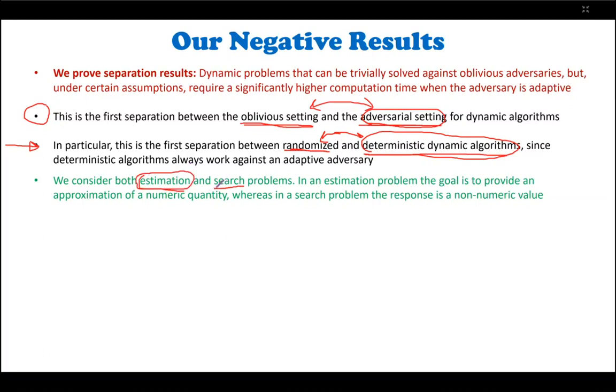But if you want an actual cut, then that's a search problem. And I'll just mention that estimation problems are just a special case of search problems. And so getting negative results for estimation problems is potentially harder.